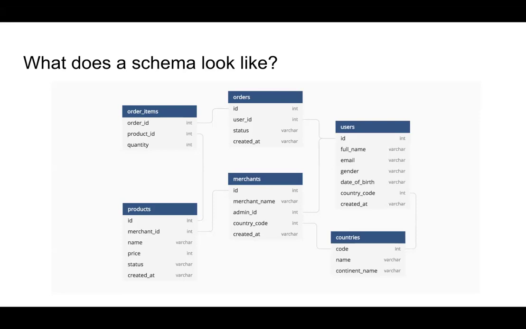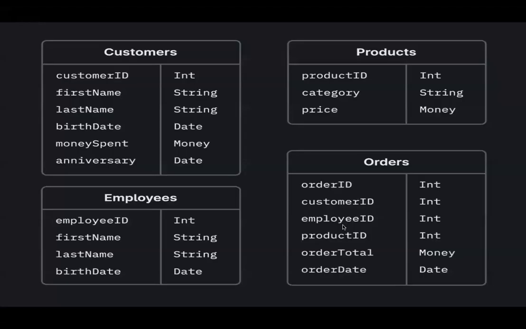So this example, as you can see, is not as descriptive. This is just to give you an idea of what it looks like. But from here, you can see that the user ID over here is being used here as a foreign key. So you could say this ID over here is the primary key. The orders ID is the primary key for the orders table, and so on. Let's actually look at a better example and make the connections ourselves.